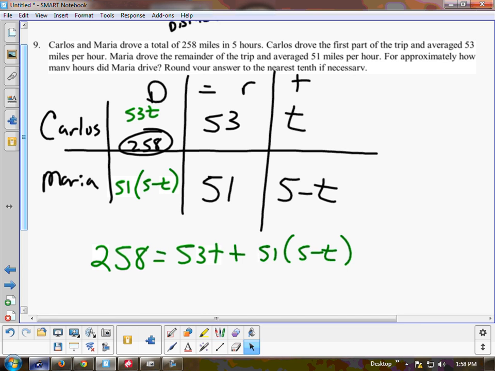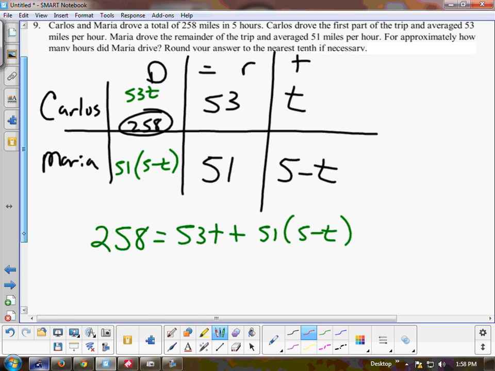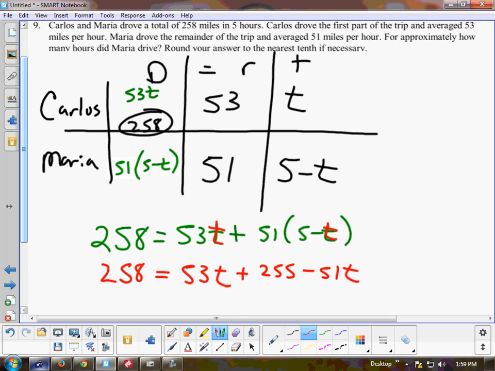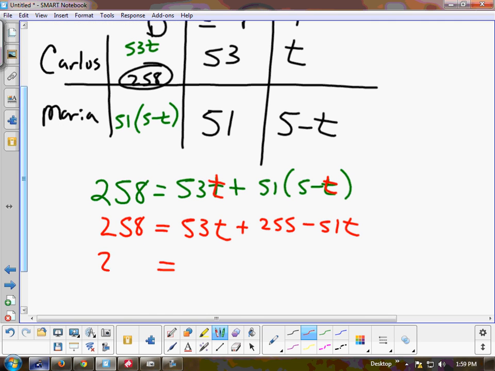And now we need to solve this. Okay, so this is a little bit trickier. Just make my t's a little bit more noticeable. So 258 equals 53t plus 5 times 51 would be 255 minus 51t. We're going to combine like terms on this side ahead of time.